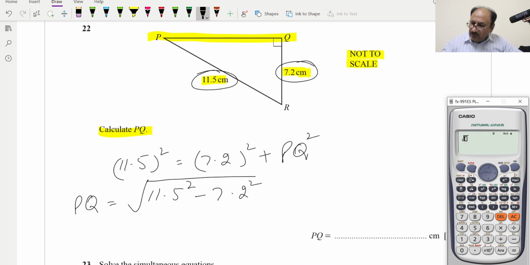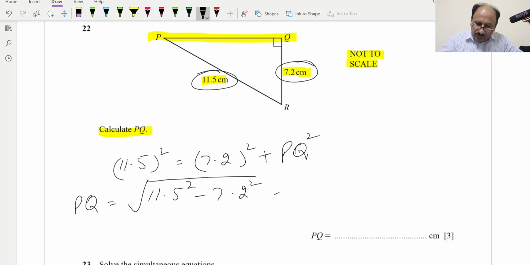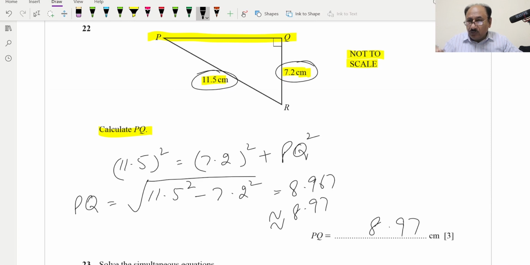So 11.5 squared minus 7.2 squared, and this will be equal to 8.967, which is approximately equal to 8.97. So our answer will be 8.97 over here.